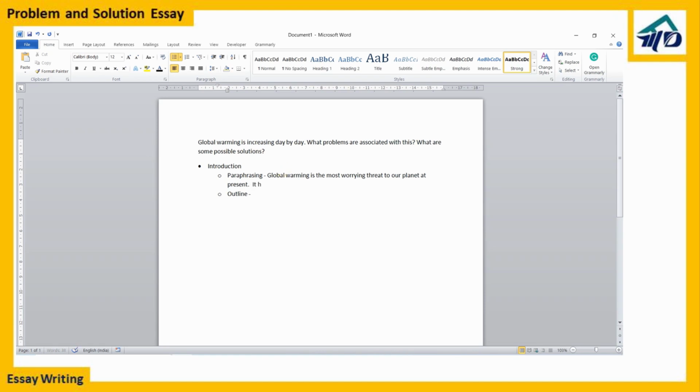Then I will say it has serious implications for our health, environment, and economy. Done. This is the paraphrasing for the statement that global warming is increasing day by day, and I don't want to write just a simple sentence like that one, so I have added one more thing: it has serious implications for our health, environment, and economy.